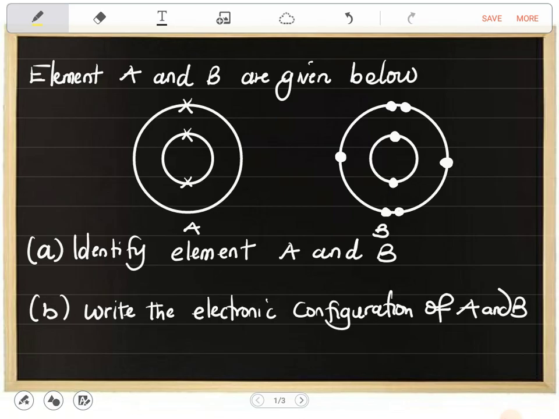So go on the periodic table, check an element which has got 3 electrons, in short, which is like this, with a number below, because we have 1, 2, 3 electrons for this atom. So check an element with the number 3 below. So you are going to discover that that element A is lithium.